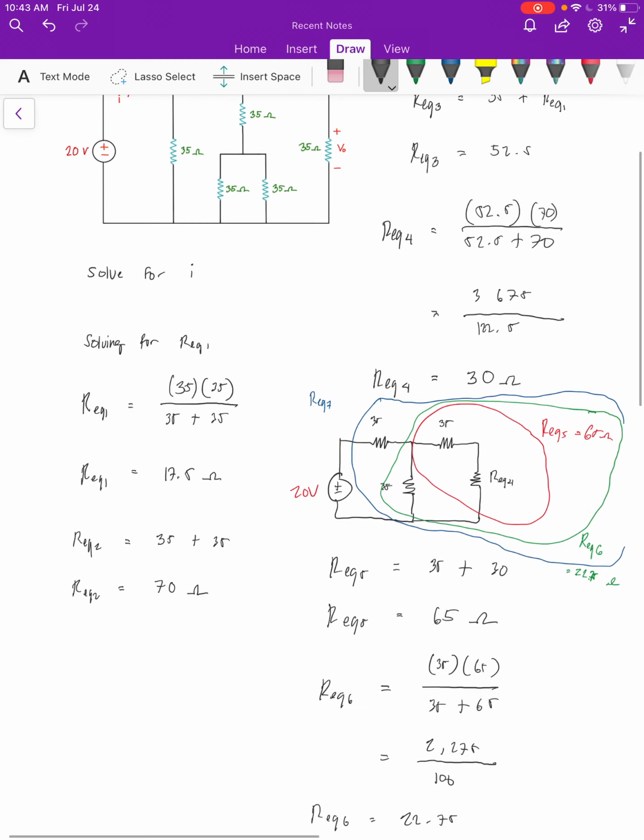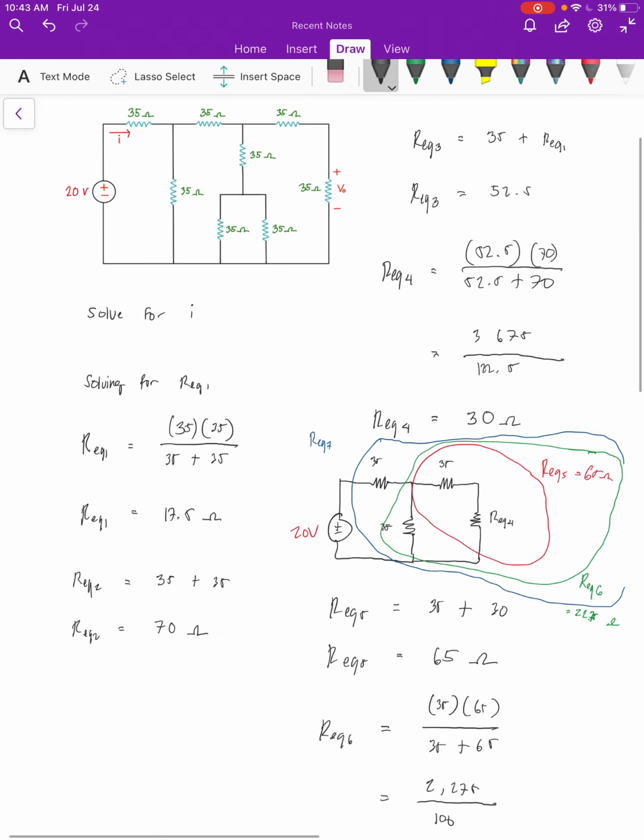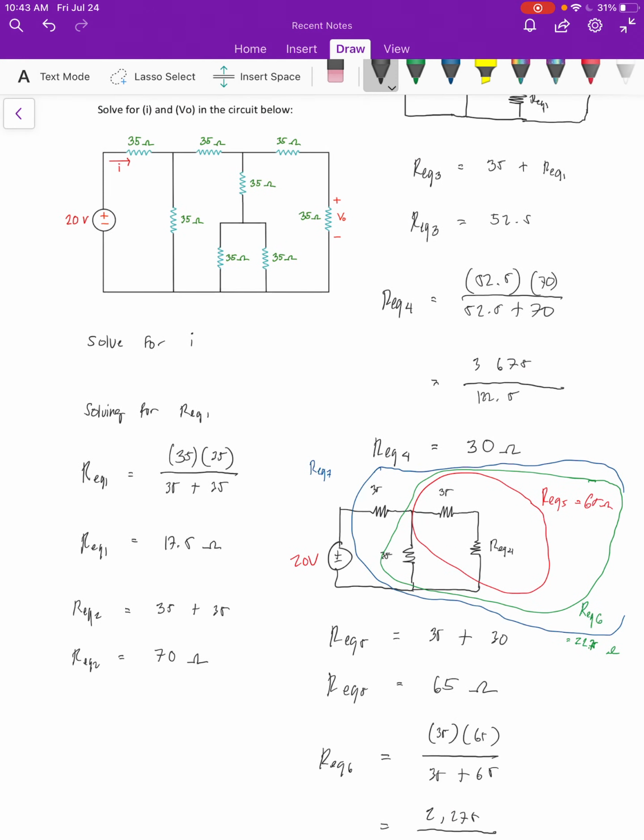So we are going to start with the second to the last version of the simplified circuit diagram. So in this case, this is the network that we are going to start with, and from what I recall, this is what we know as equivalent resistor 6 or REQ6.